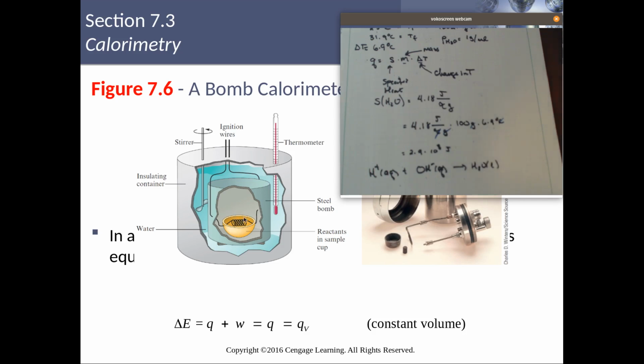There will be a little explosion inside of this. Generally, things that are heated up in oxygen ignite and burn very rapidly, hopefully combusting everything and taking the reaction to completion. Heat will be liberated, and you measure the change in temperature of this thermometer. Again, you want to make sure this is well stirred so that you capture all of the heat.